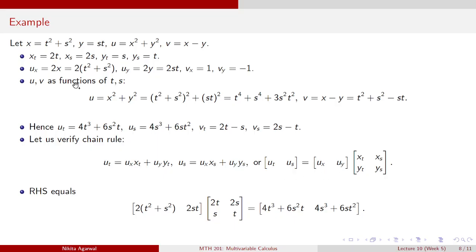So u_x is nothing but 2 times (t square plus s square), u_y is nothing but 2st, and these values are given here. So if you multiply, you get these numbers. But these are basically the same as what you expect from direct computation. So this is what you get. And similarly, you can check for v. This is for you.